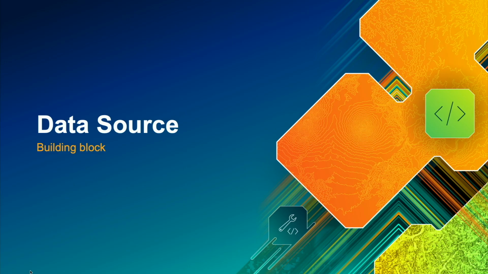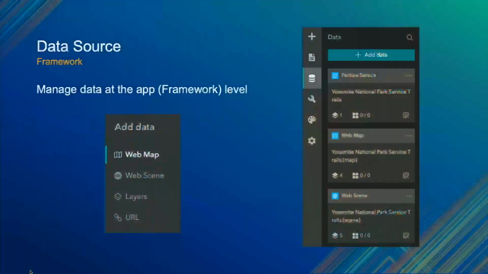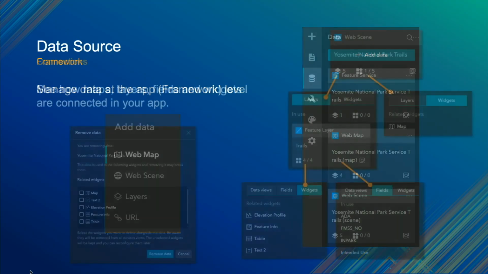Let's take a look at data. You can add web maps, web scenes, and the layers as data sources. So the data source in Web App Builder is only the web map or web scenes, but in Experience Builder there are more. Data can be used by any widgets because they share at the framework level.